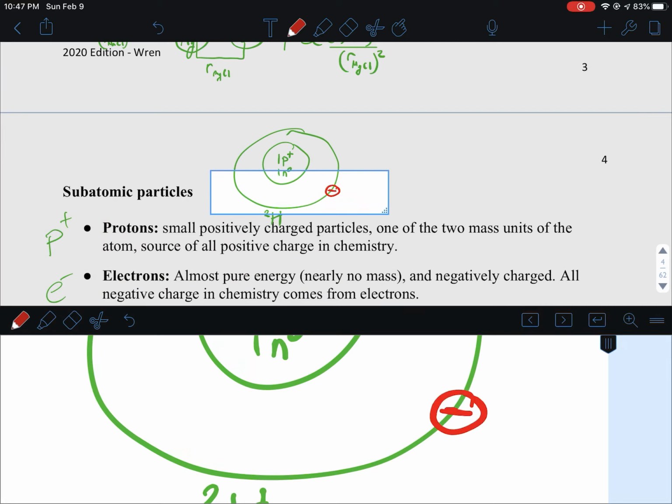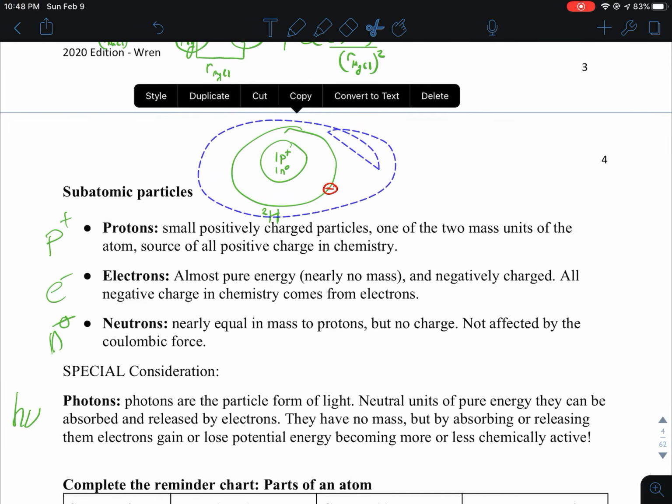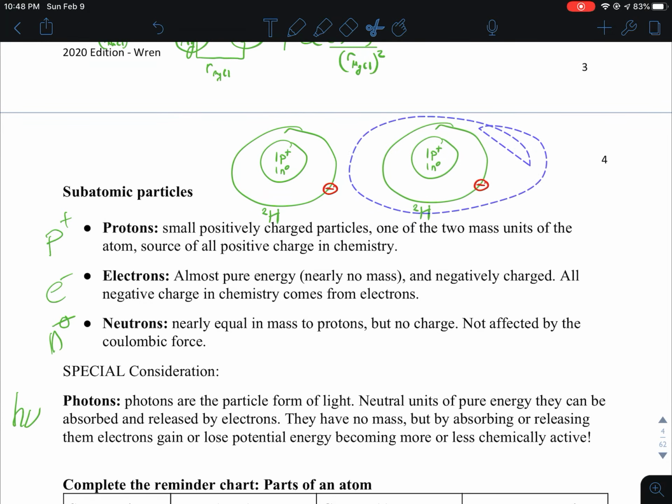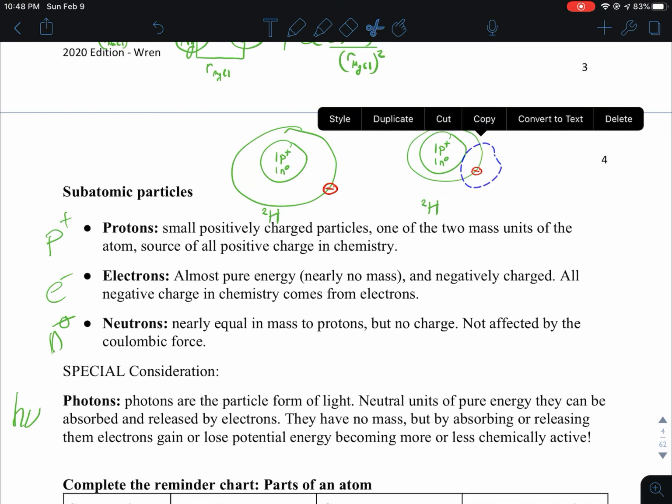floating around. Now, one of the reasons I include the photons in here is because we're very shortly going to be discussing how, although this setup is true in the ground state, this part here can change. I'm going to shrink my orbital here.